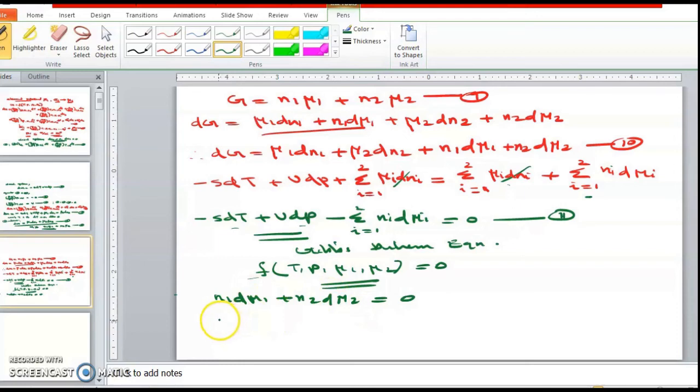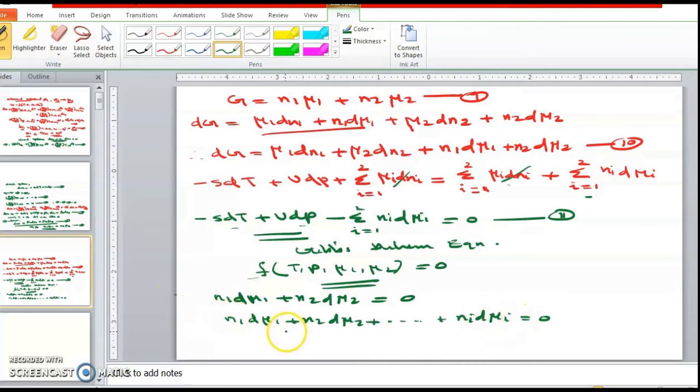For a system containing i components, we can write n1 d mu1 plus n2 d mu2 plus etc. plus n i d mu i is equal to 0.